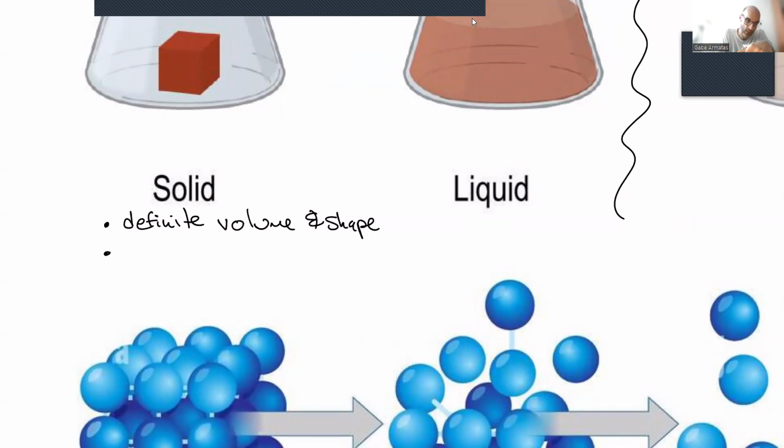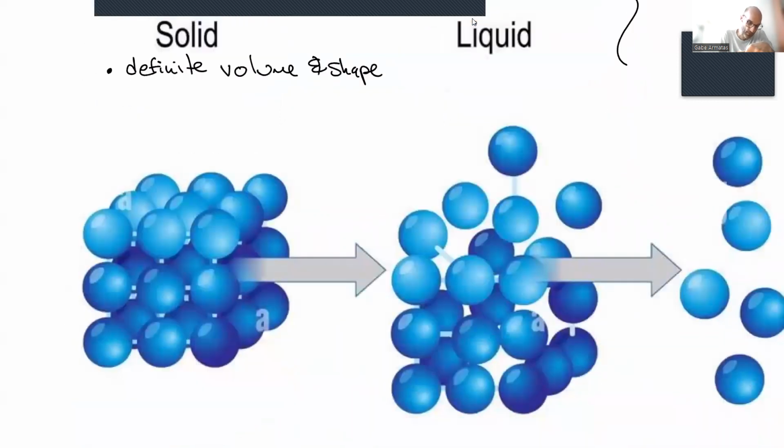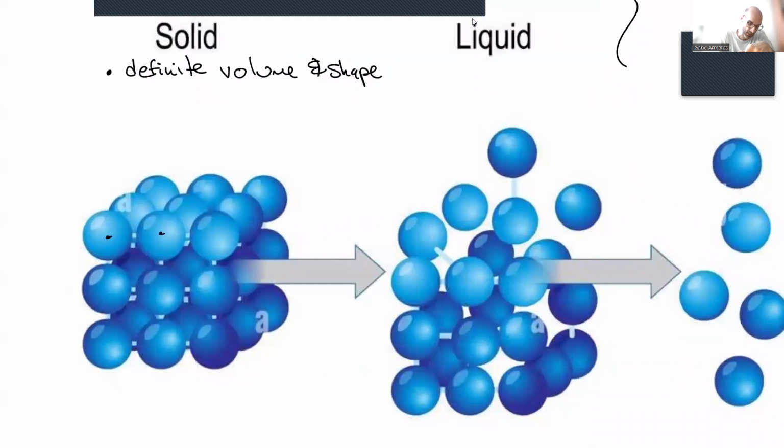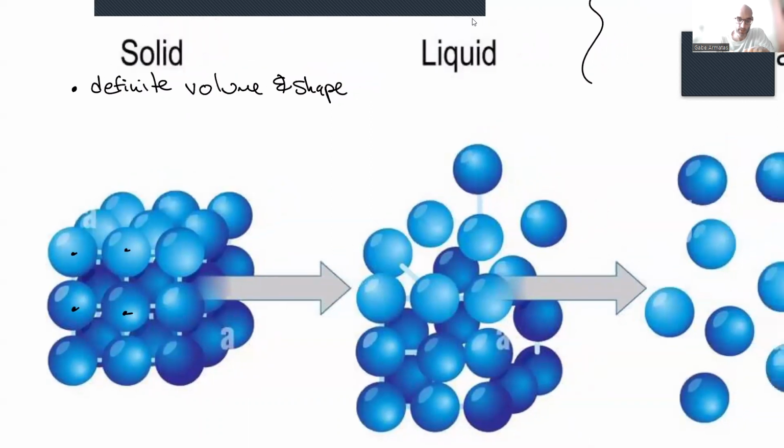They are all very close together. You notice that these things are connected to each other. They're neighbors. Each one of those particles has a neighbor. So solids are just firmly everything in its place. There's no movement at all, really. They're just stuck together. So that's a solid. Definite volume, definite shape, and generally exactly what you would expect.